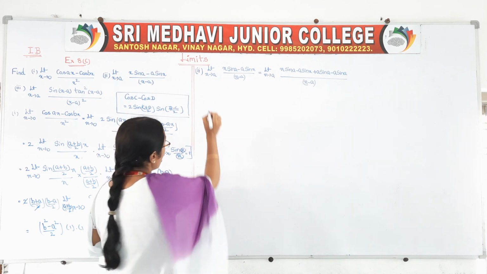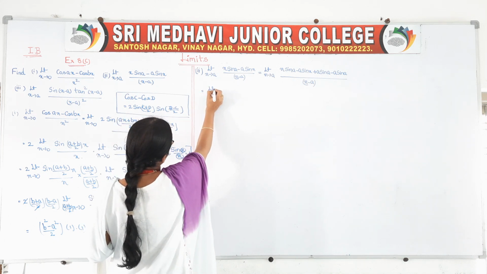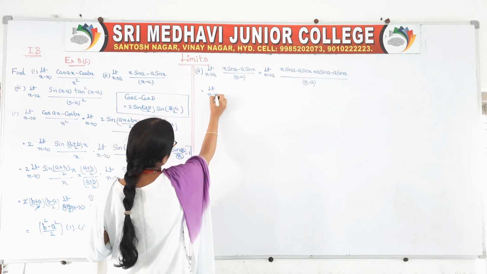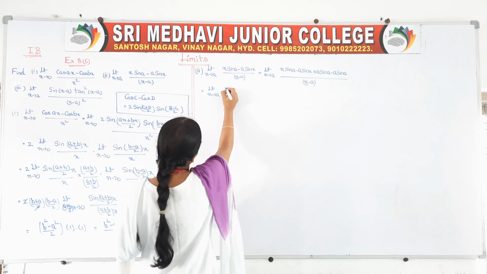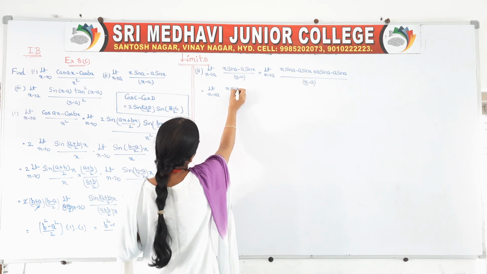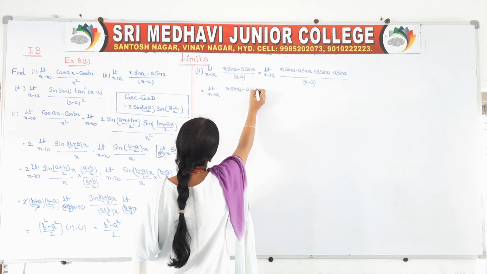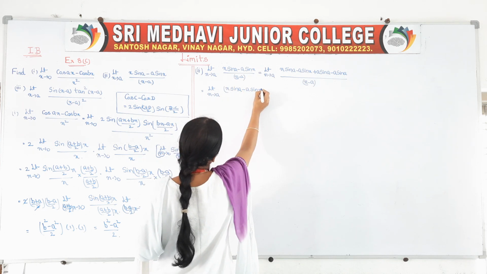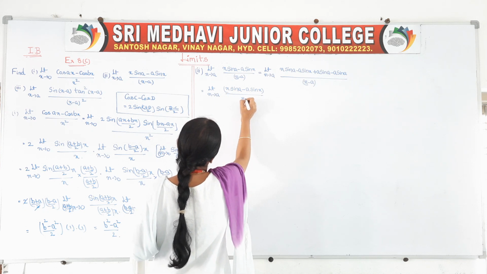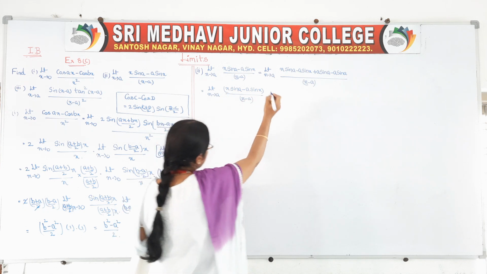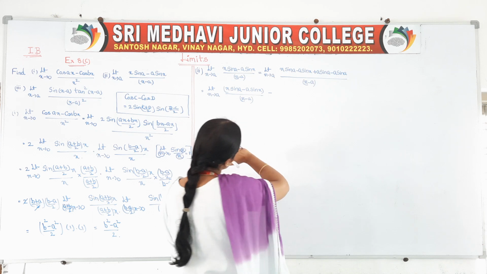So after that it is equal to limit x tends to a, x sin a minus a sin a as one part, by x minus a, and another part I have taken minus sign outside.